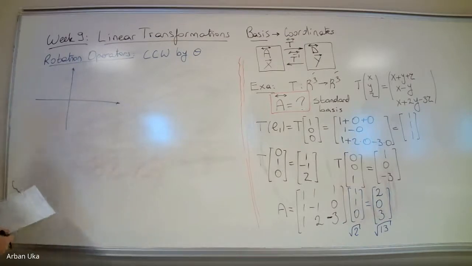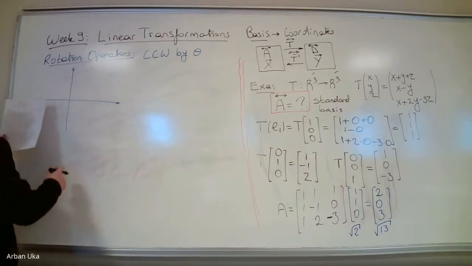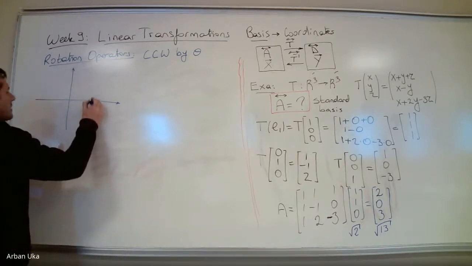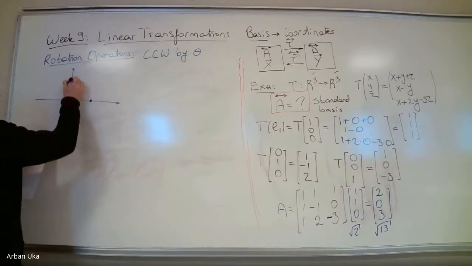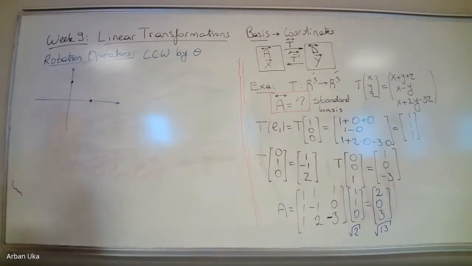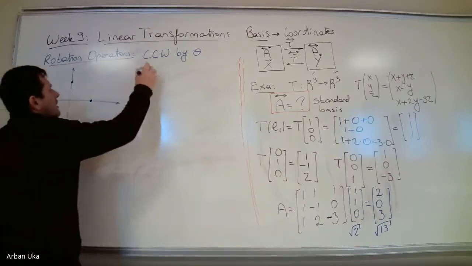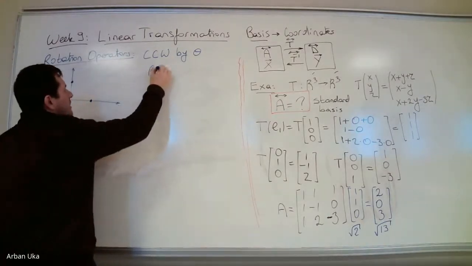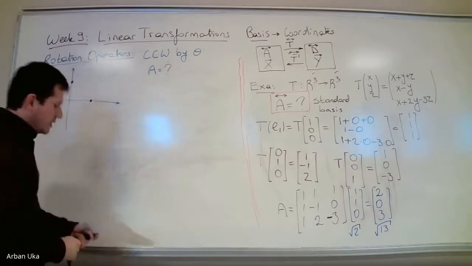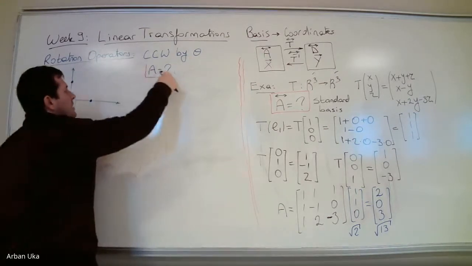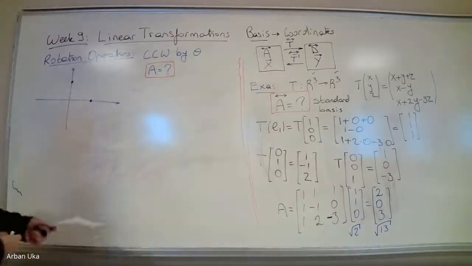So how can we rotate a vector by an angle theta? We want to find the representation. In principle, how can we find this matrix A? The question is the same: A is what? The same question we just asked a moment ago.